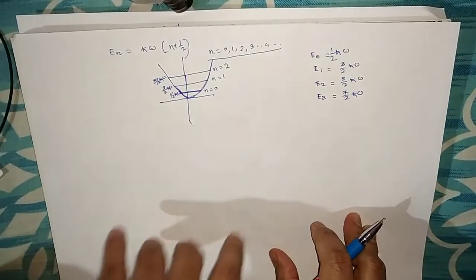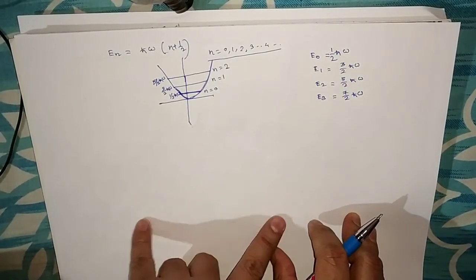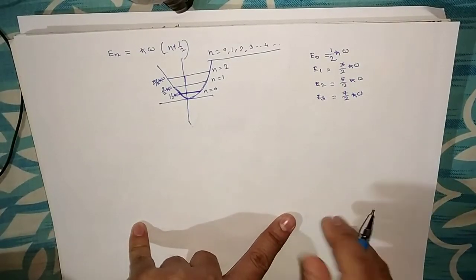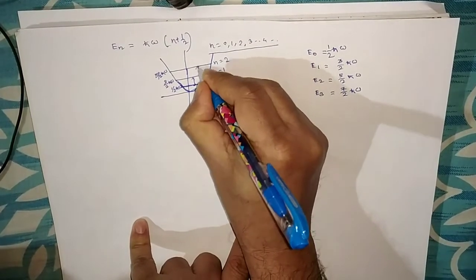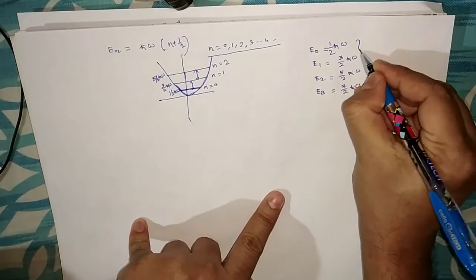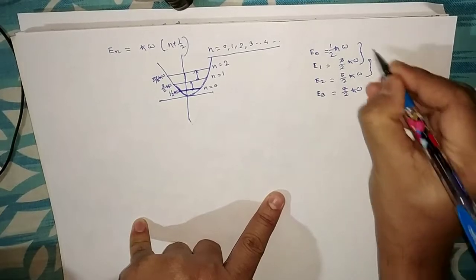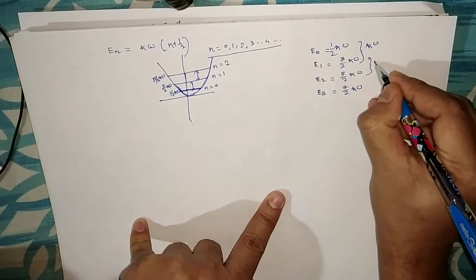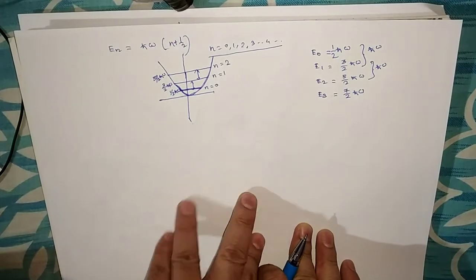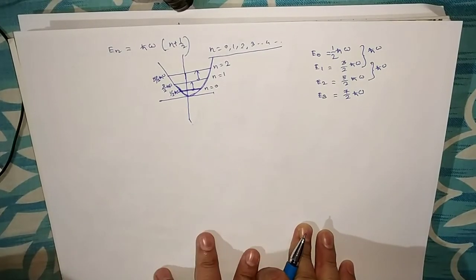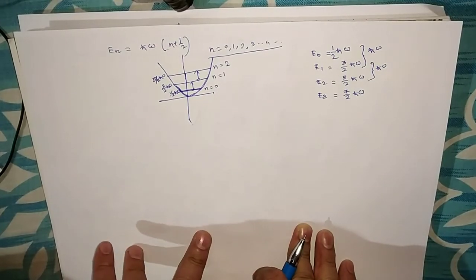One interesting thing you can observe from these energy levels is that the gap between two successive energy levels is fixed. This gap between two successive energy levels is ħω. So they maintain a constant energy gap between two successive levels, as you can see.